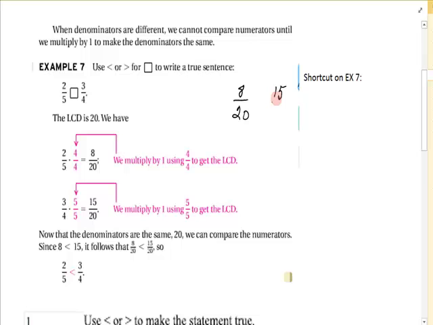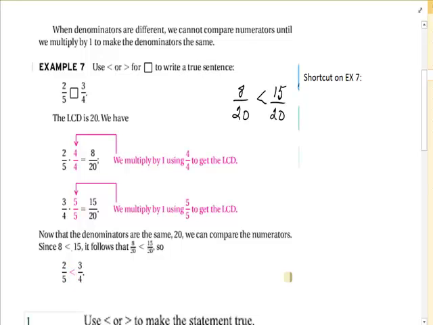So 15/20. Rewrite the two fractions with the common denominator and then do the comparison with their tops. 8 is less than 15. So since that's the symbol you would put between the fractions with the common denominator, it is also what you put between the fractions in their original form.